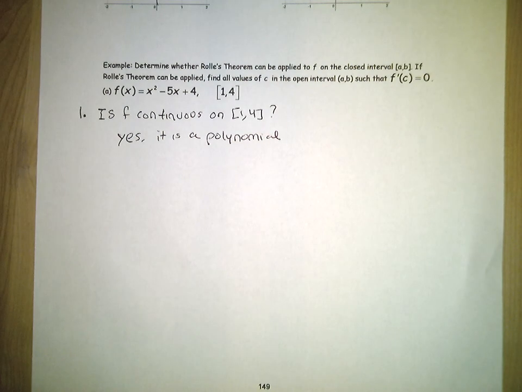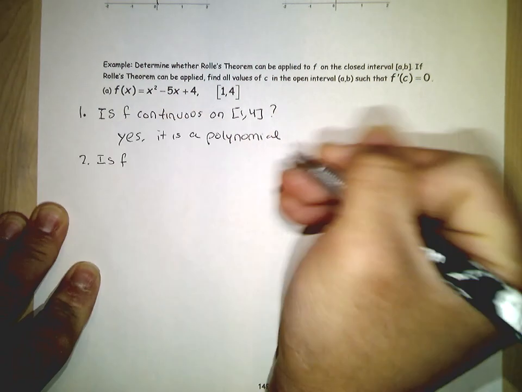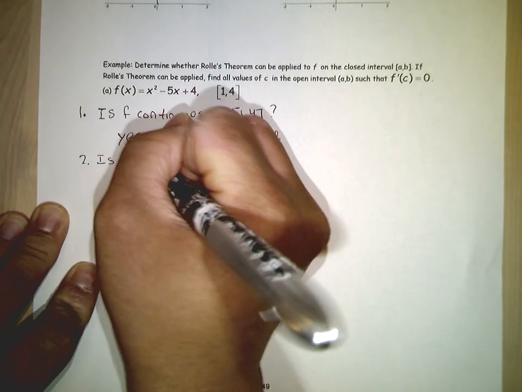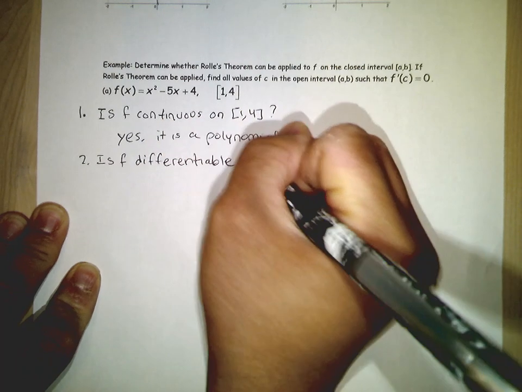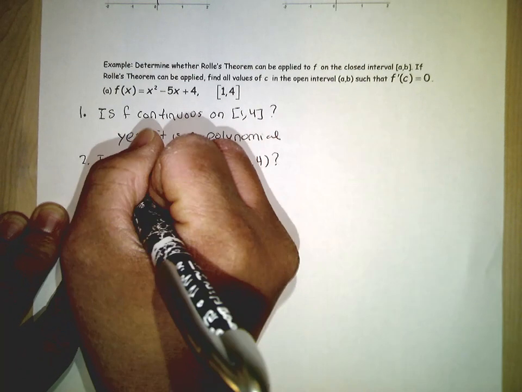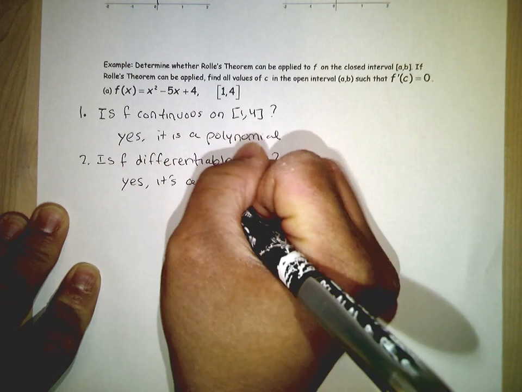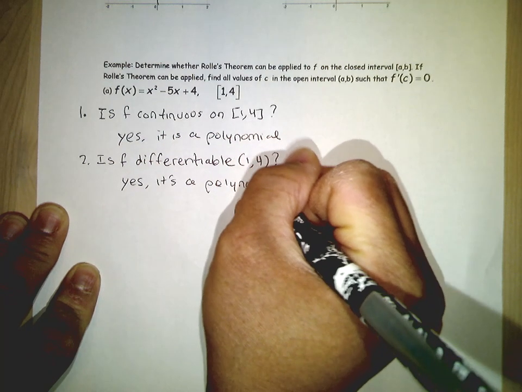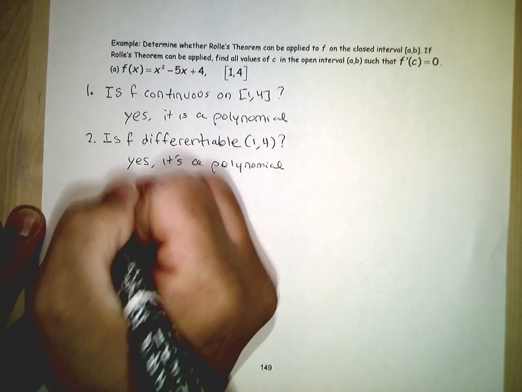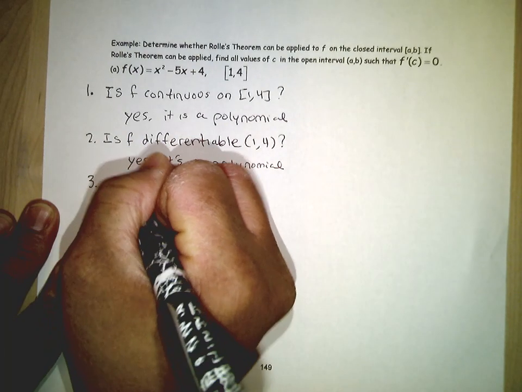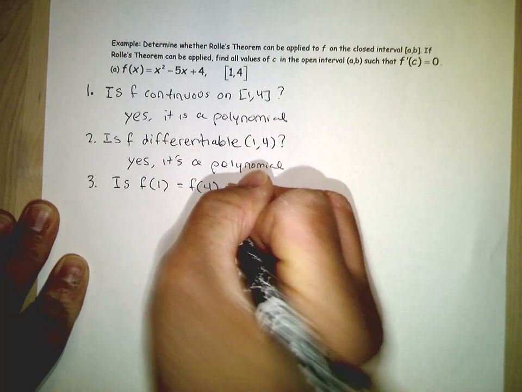Then I need to know if f is differentiable on the open interval 1 to 4. And I know that is yes, because it's a polynomial. And now I want to know, is f of 1 equal to f of 4?